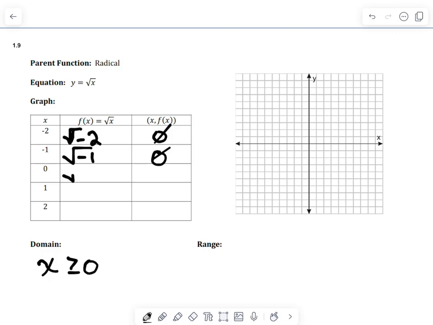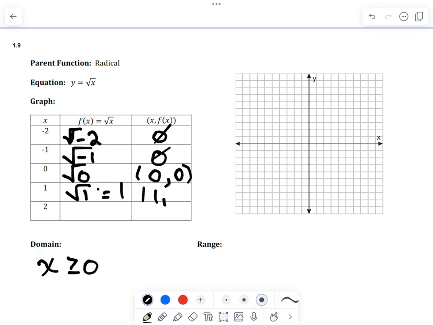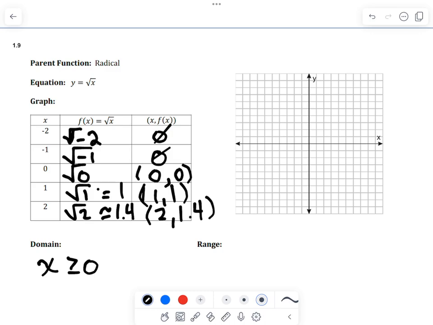So we substitute square root of 0 in. We get 0, so (0, 0). Square root of 1 gives us 1. Square root of 2, we're going to use an approximation of about 1.4. Now I'm going to jump ahead and add one more x input.